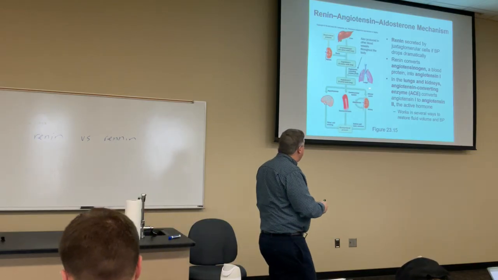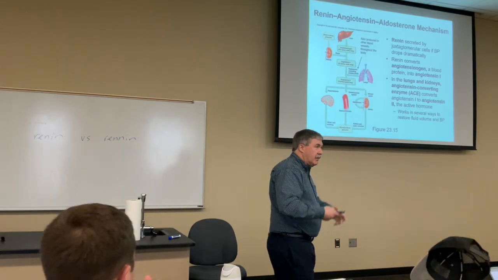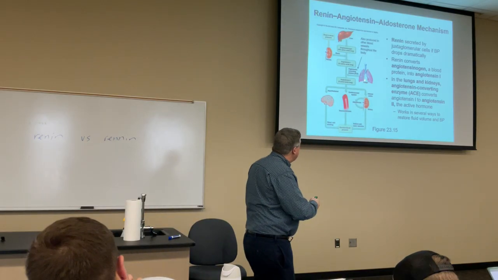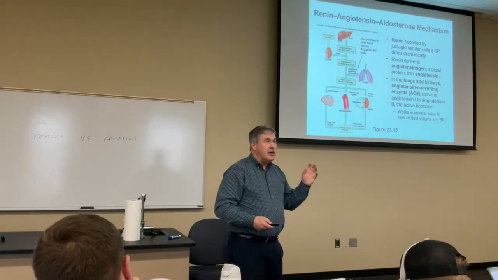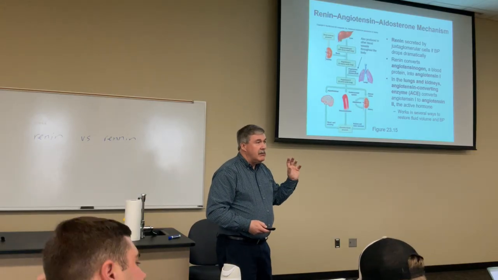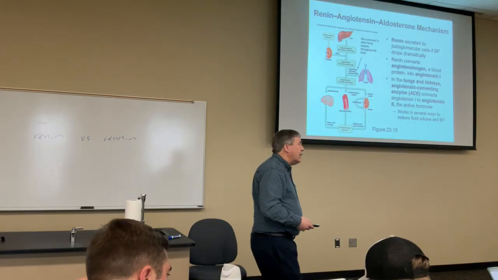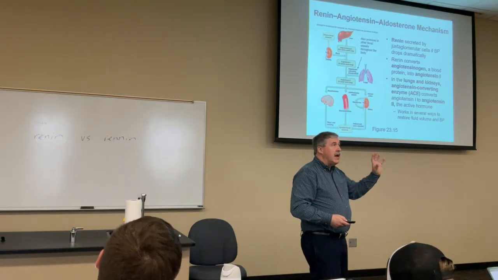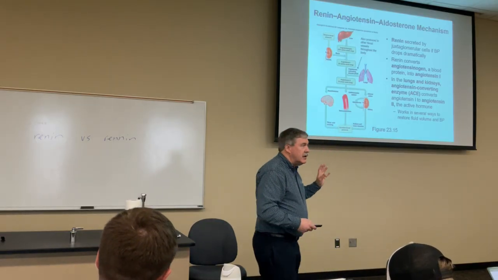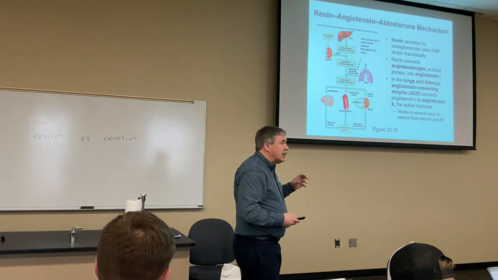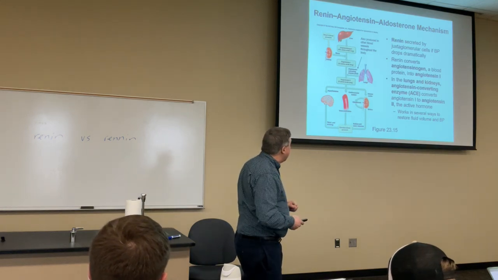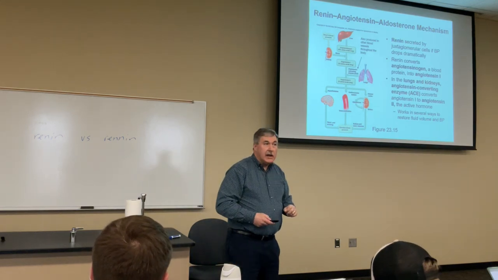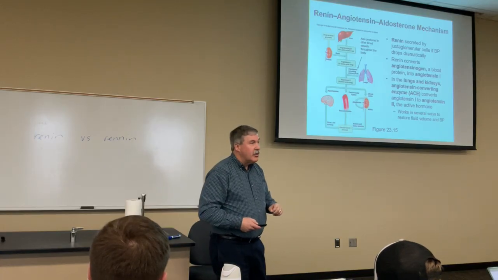And so actually it should say all blood vessels. They used to think this enzyme was only found in the lungs, but they realized quite a while ago it's actually found in the lining of almost all blood vessels. But it is in higher concentration in the lungs. This enzyme is called angiotensin converting enzyme, or ACE for short.